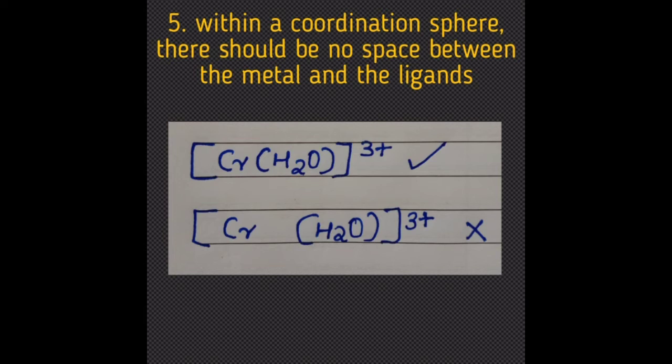In the second expression you can see, after Cr, the central metal atom, there is a space. Knowingly or unknowingly, if you write it with a space, that formula is going to be wrong. And as you know, writing the formulas of coordination compounds is a very important topic from the point of view of the exam.